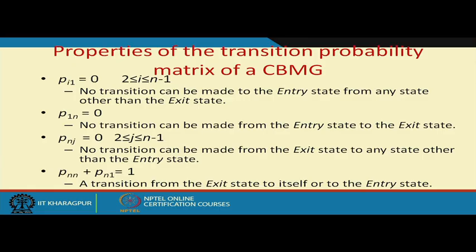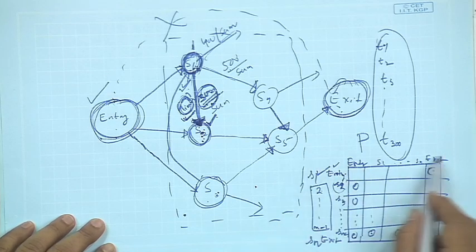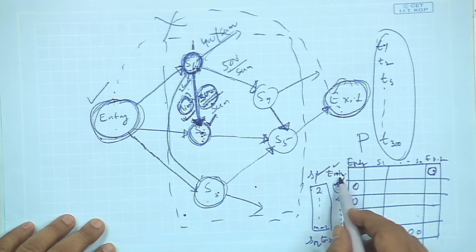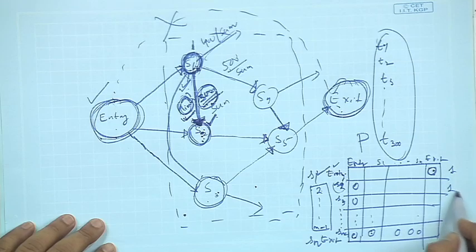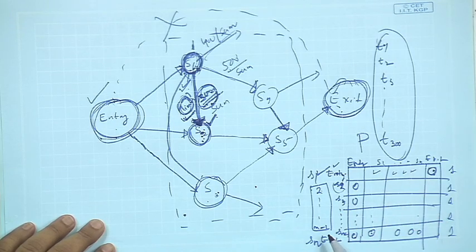Now, this is after all a transition probability matrix of a Markov process, so the sum of each row needs to be 1. From the entry state there will be some values everywhere, but from the exit state all these values are 0. From the exit state you are going nowhere.